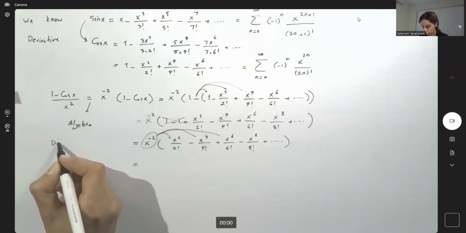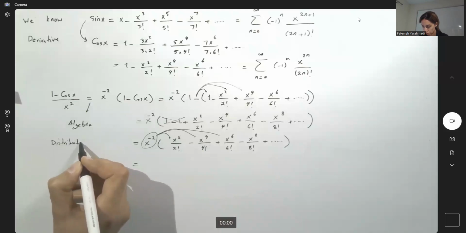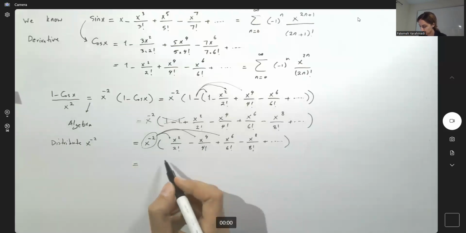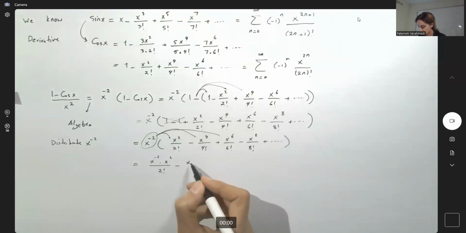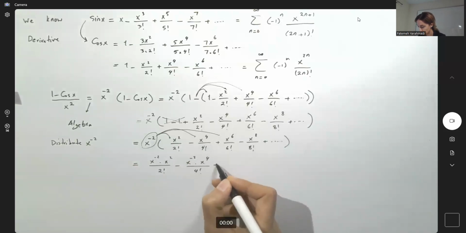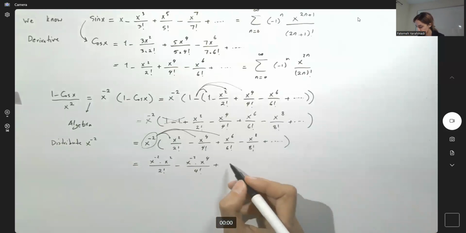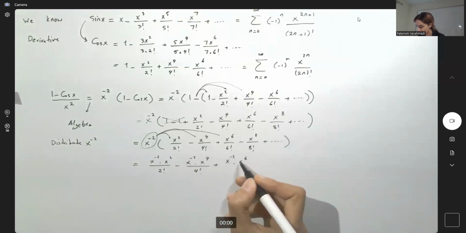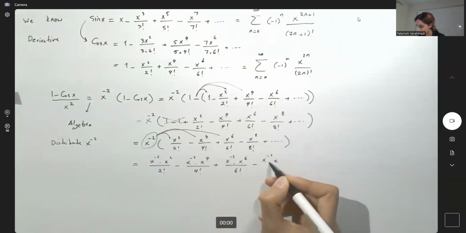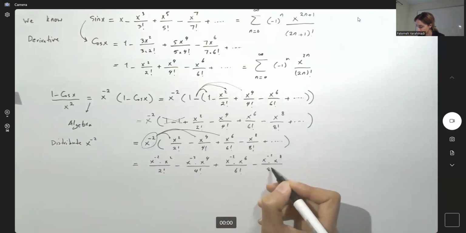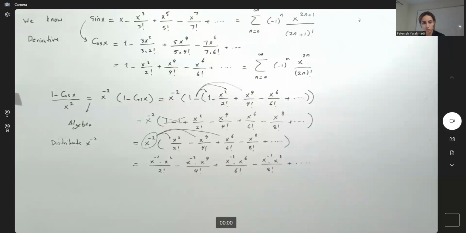So distribute x to the power negative 2. This becomes x to the power negative 2 times x to the power 2 divided by 2 factorial, minus x to the power negative 2 times x to the power 4 divided by 4 factorial, plus x to the power negative 2 times x to the power 6 divided by 6 factorial, minus x to the power negative 2 times x to the power 8 divided by 8 factorial, plus the rest of the terms.